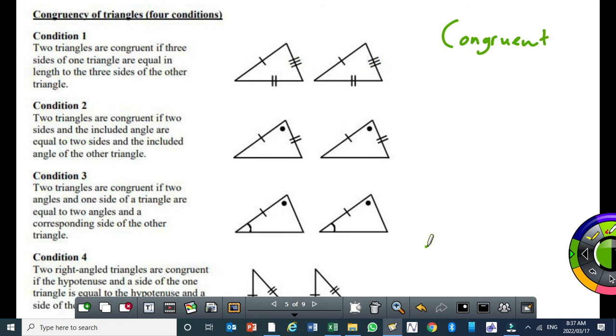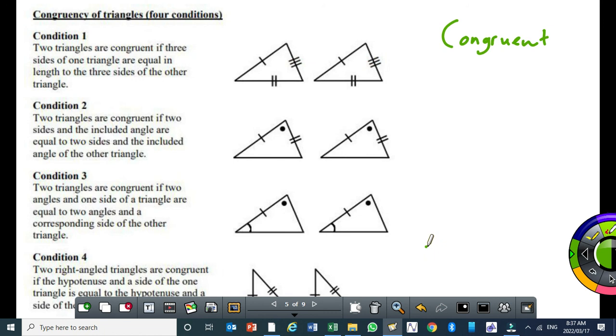Unfortunately, similarity is not a major part of grade 10, but it comes in matric now. So if you were not taught similarity, you're not assessed properly in grade 8 and 9, it means you are going to see similarity more for the first time in grade 12, which is going to be a disadvantage.